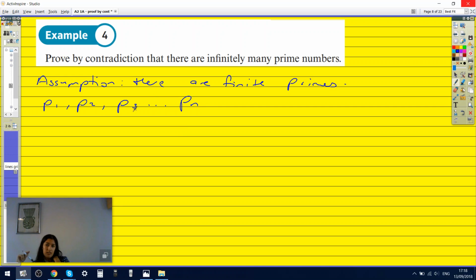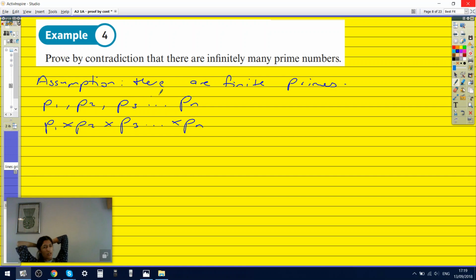So I think what you could do is multiply every prime number by each other. Oh yeah, that was it. Which makes them all a factor of it. So they're not prime numbers anymore, are they? Because they have that many factors.